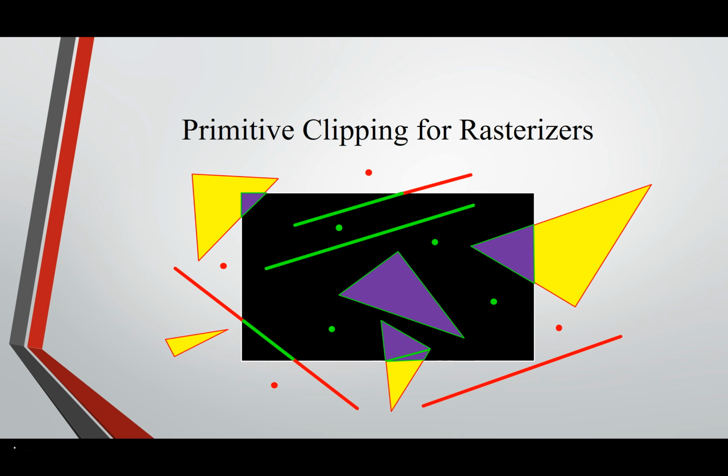Okay. Now, you might think that this is already taken care of if you have an X or a Y check in your rasterizer when you're plotting a pixel. And that can catch certain circumstances, especially in 2 dimensions.